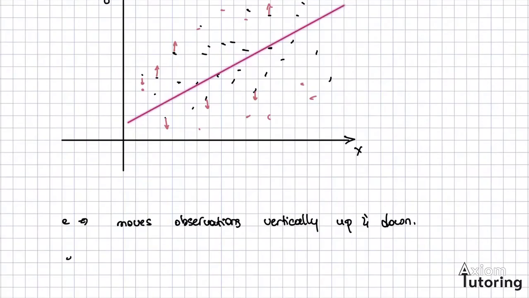So since E is random, because remember, in expectation this is 0, and also the covariance between your X and E is equal to 0, okay? It means that you are equally likely pushing observations up or down, and it doesn't systematically tilt the regression line in either direction, okay? So the slope averages out the vertical noise, and it still recovers the true relationship between your X and your Y star.